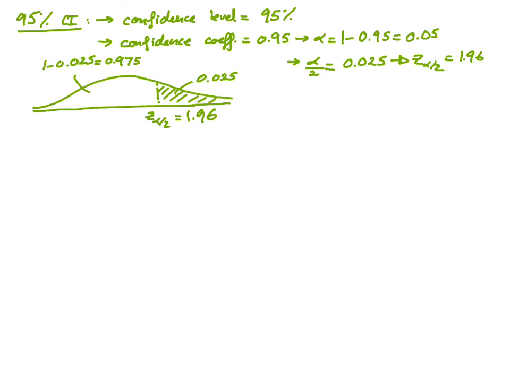And so now let's go ahead and apply the formula. The 95% confidence interval is going to be 980 plus minus 1.96 times 280 divided by the square root of 10. That gives us 980 plus minus 1.96 times 88.54.